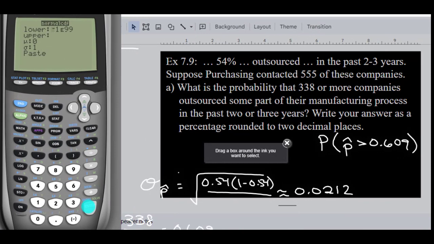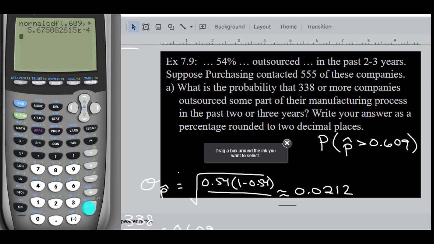So our lower boundary is going to be 0.609. Our upper boundary, that's going to be the 1E99, because we're just saying greater than this. Our mu value, remember that was the 0.54, so we're going to put that in. And then our standard deviation is this 0.0212. And we'll paste that in and hit enter.